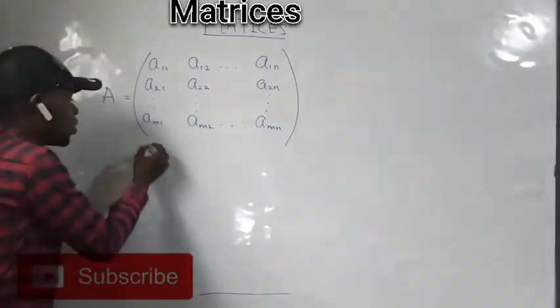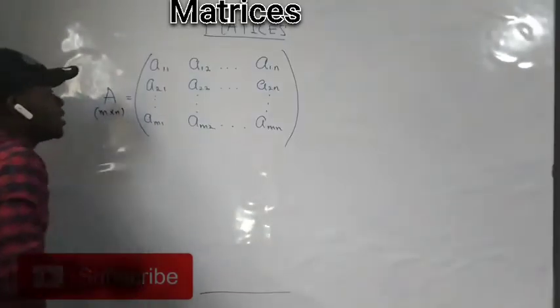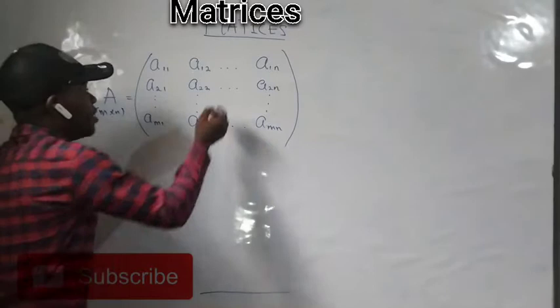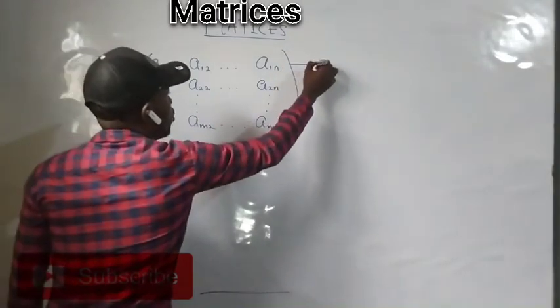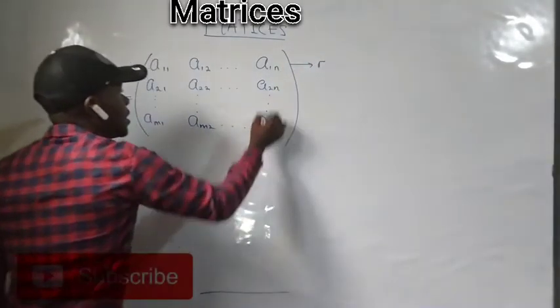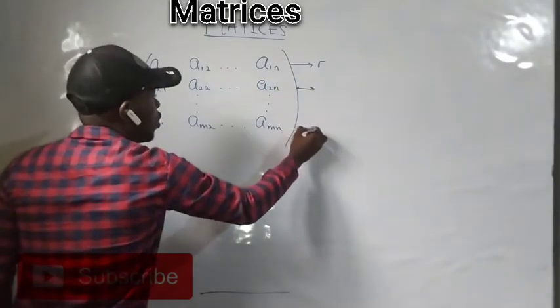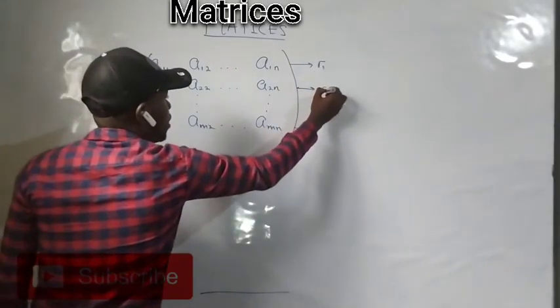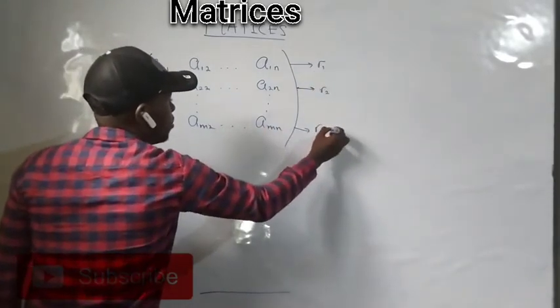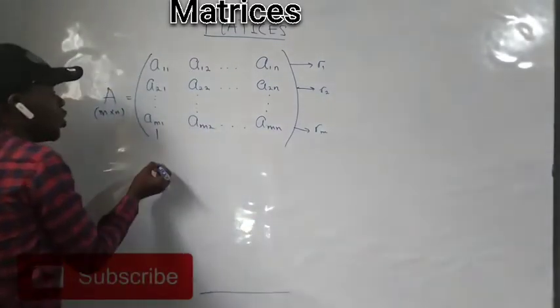So this is referred to as what? An m by n matrix, in that it has how many rows? It has m rows, and each entity here is called a row: row 1, row 2, row m. Then here is called the column.